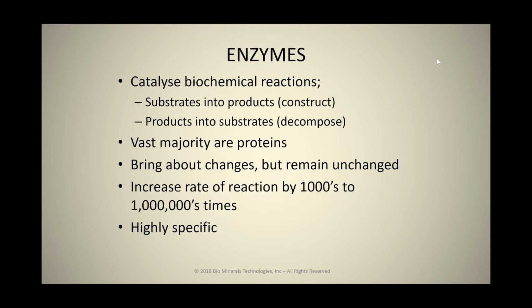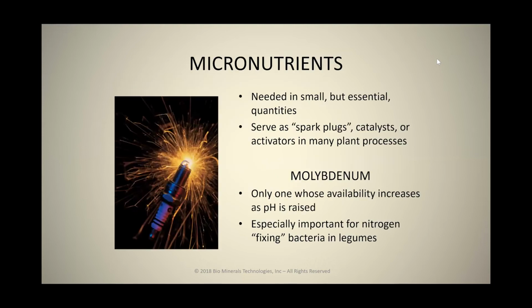And they increase the rate of these reactions by thousands to millions of times. And they're highly specific. What that means is every enzyme has a very specific activator. So the micronutrients become the spark plug or the catalyst to start the enzymes.